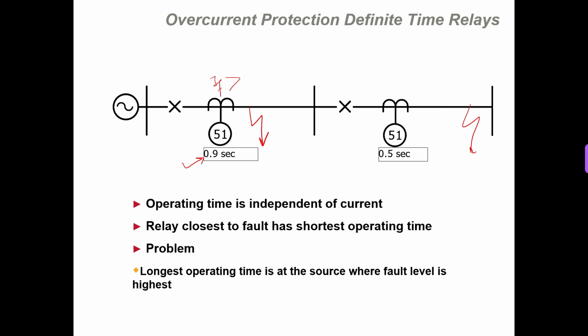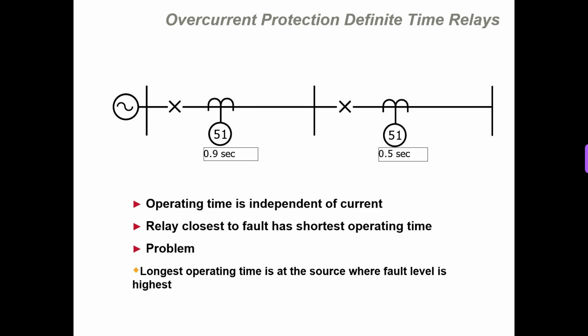In these types of relays, the fault which is closer to the source takes longer time to clear. The second drawback is that in this type of relay, the time of operation is independent of the fault current. So if we set our relay to operate for a current setting of 5 ampere, and now suppose the fault current is 25 ampere, even for that case, this relay is going to take a minimum time of 0.5 second.